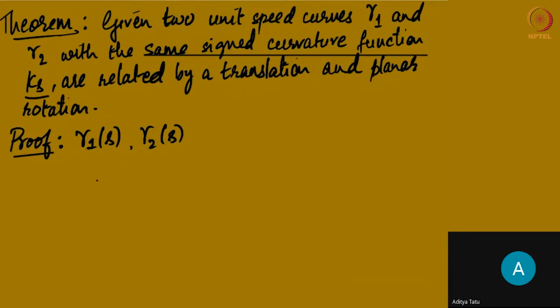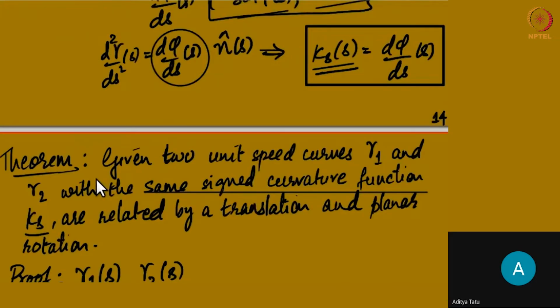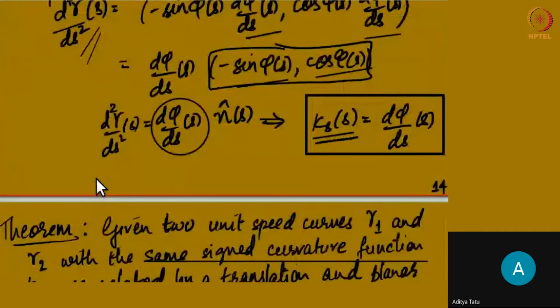So what is it that is given? See, what is the signed curvature? You can see here we just derived it in terms of the turning angles, right? It's just the derivative.